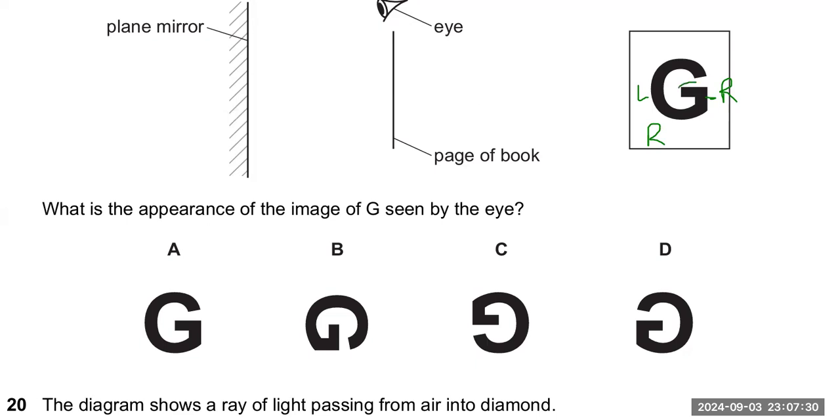It means this shape should be on the right side, and this curve shape should be on the left side. So your option will be D if you reverse it. You can also check by placing the G in front of a mirror in your notebook. Then you can easily understand how right becomes left and left becomes right. So this is the image property formed by the plane mirror.